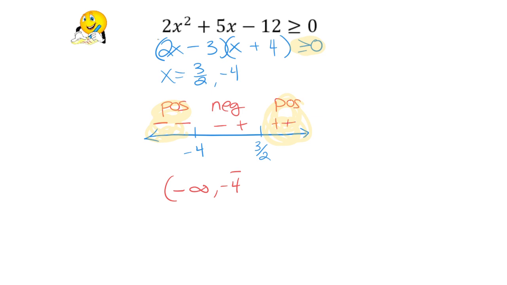This time it's going to have a bracket because of the or equal to, in union with bracket 3 halves to infinity. Any value in these ranges would actually work in this inequality. Anything in here would end up making a false inequality.